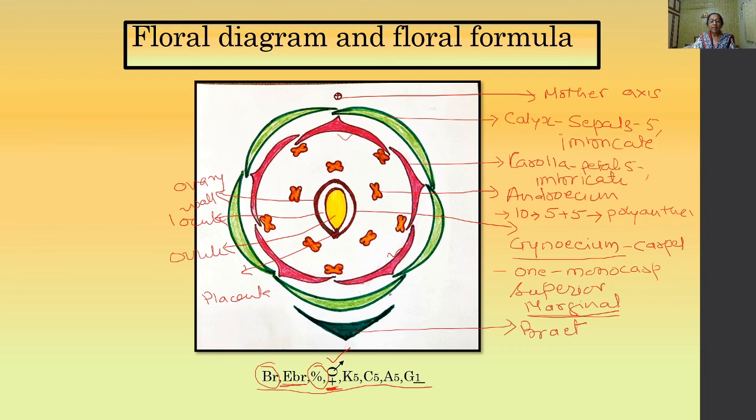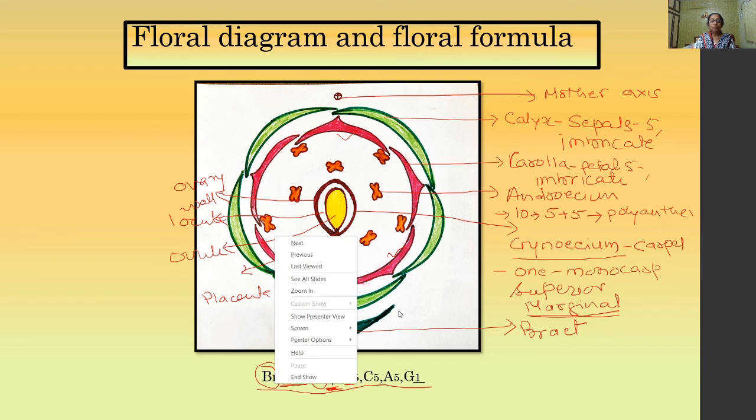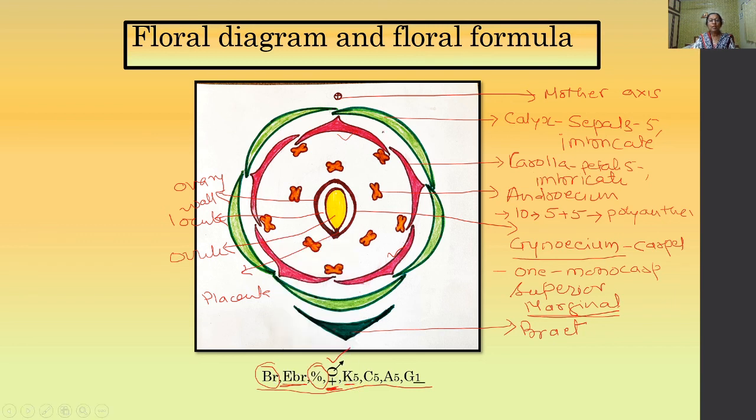Now, the calyx whorl is represented by K, having 5 in number. They are shown here, they are 5 and free from one another. Corolla 5 in number, free from one another, that is polypetalous condition. Then in the androecium we write A, 5 plus 5 condition.